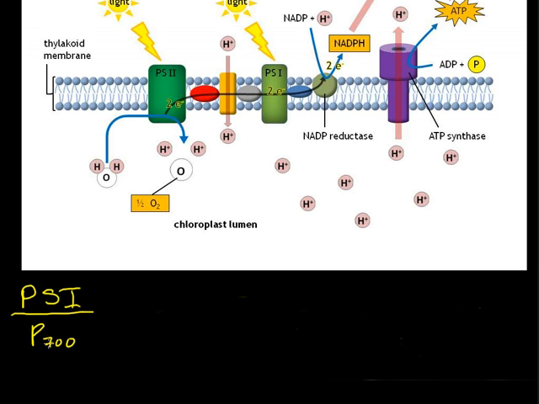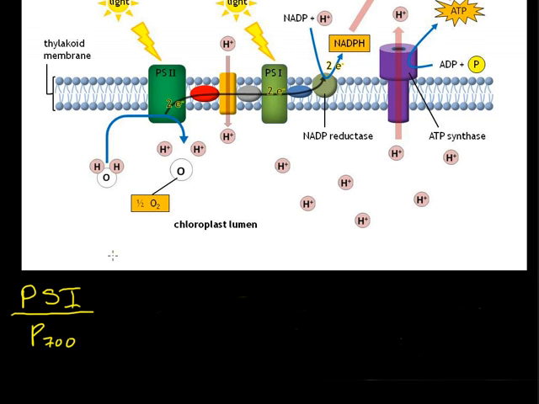Now, the name P700 just refers to the fact that its peak absorption is at a wavelength of 700 nanometers. Just like the P680 in photosystem 2 has a peak absorption of 680 nanometers. That's all the numbers refer to. Instead of splitting water, P700 basically adds more energy to the electrons that it receives from the electron transport system.